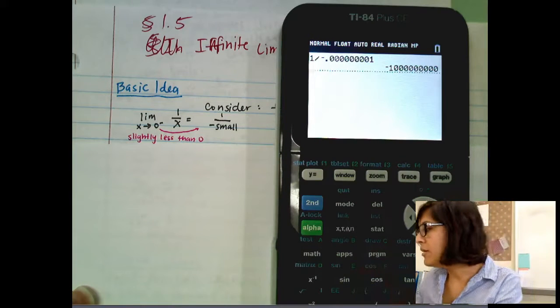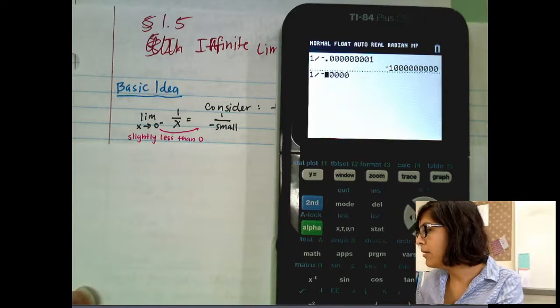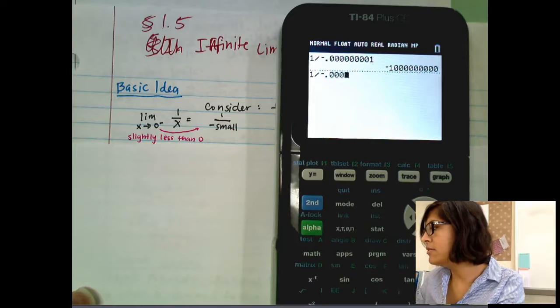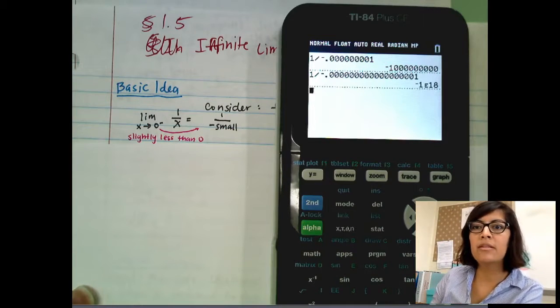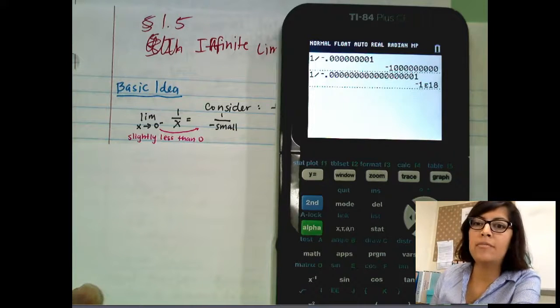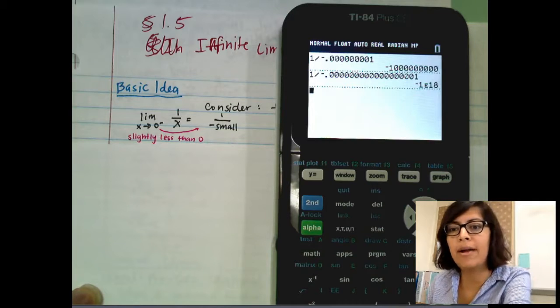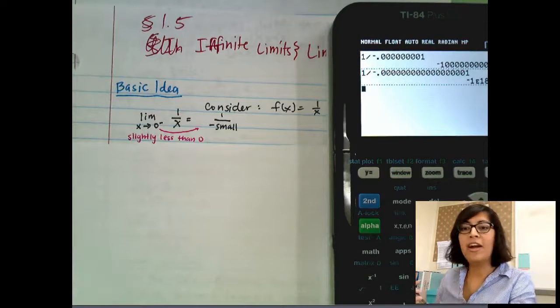The smaller this number gets, the larger our result gets. This is negative 1 times 10 to the 18, so that's 18 zeros behind this negative 1. So this number gets very, very negative.